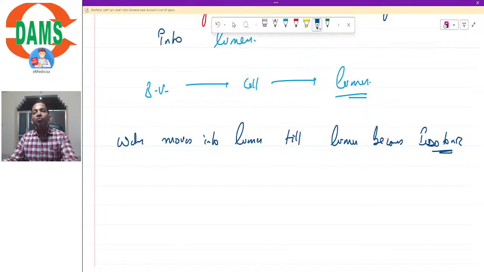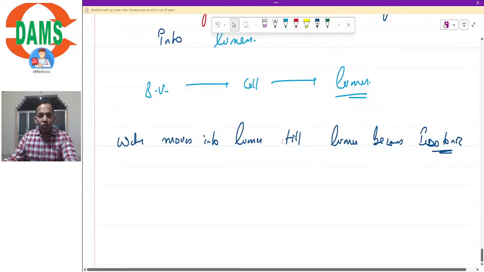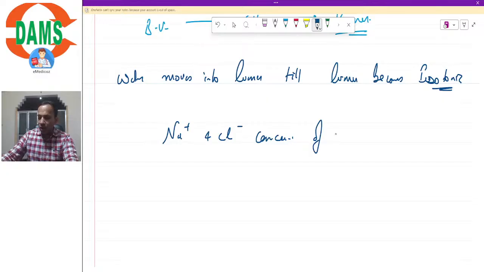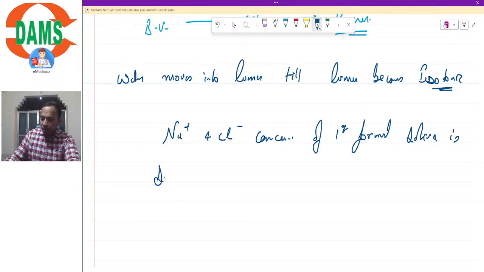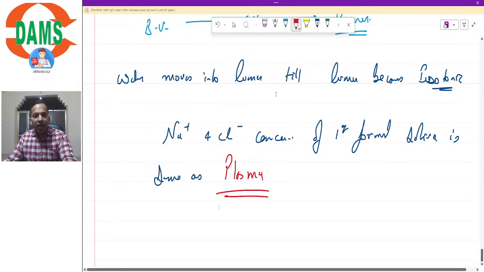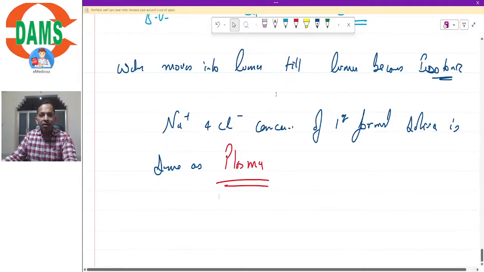So the composition of the first formed saliva is same as that of plasma, right? The sodium and chloride concentration or composition of first formed saliva is same as plasma, isn't it? It is same as that of plasma. I hope this is clear.